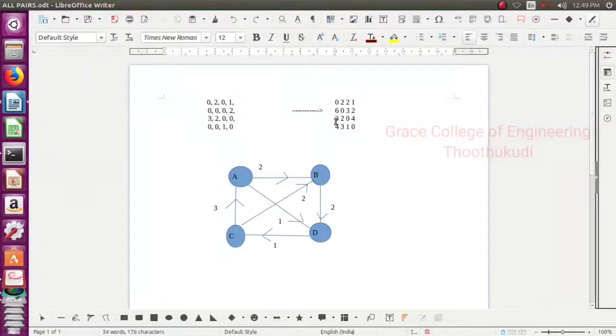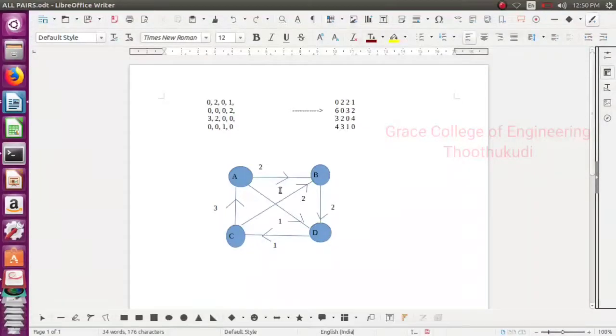Then next start from vertex C. C to A, we have only one path, so the distance is 3. Then C to B, here we have two paths. The first one is the direct path, its distance is 2. The second one is C to A and A to B, where the cost is 5. So take the direct path as the shortest distance.